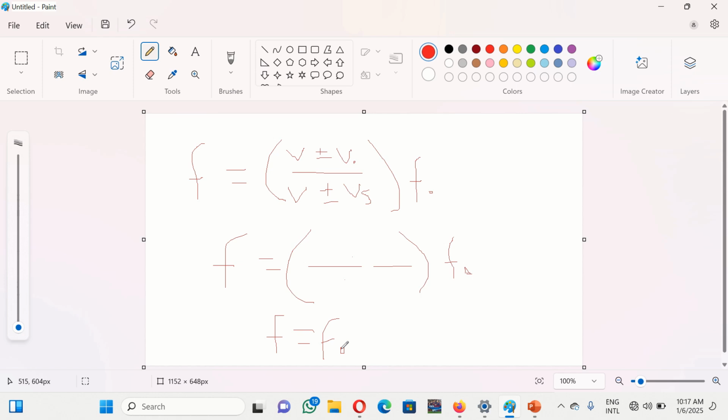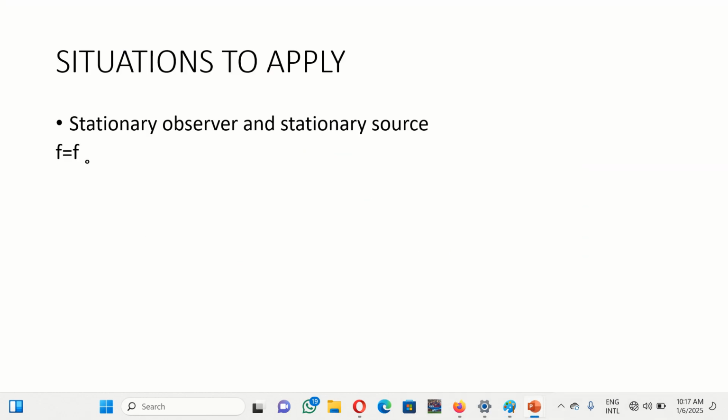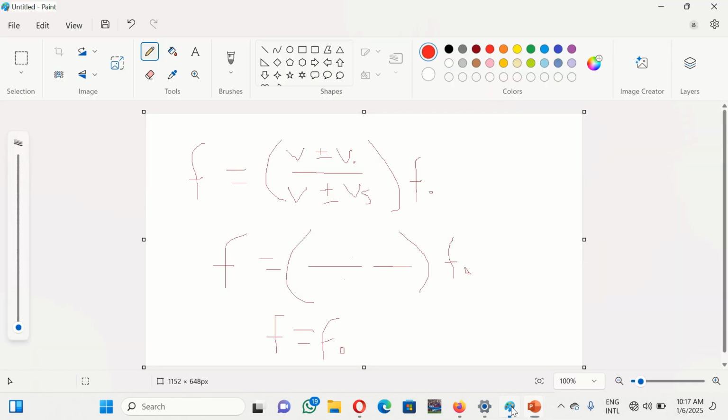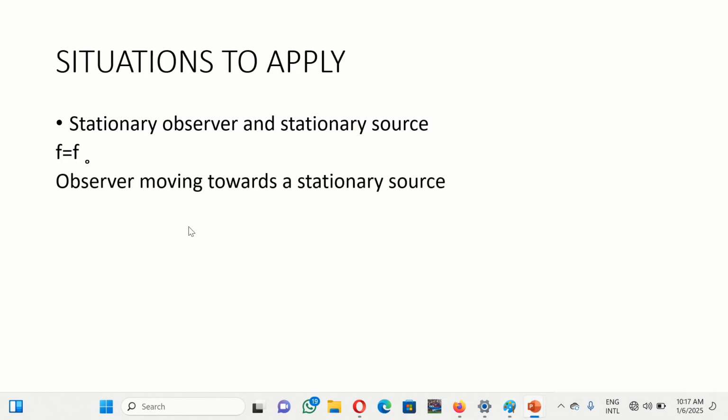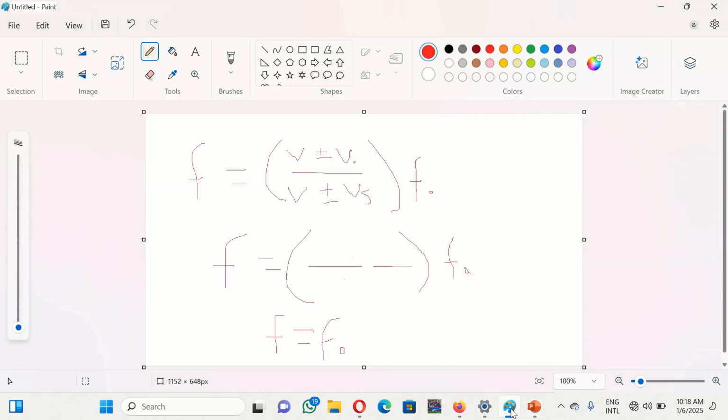So for every question that you have a stationary observer and a stationary source, the formula will be F is equal to F naught. Okay, this is an ideal situation. Now let's go back to the second situation, which is observer moving towards a stationary source.